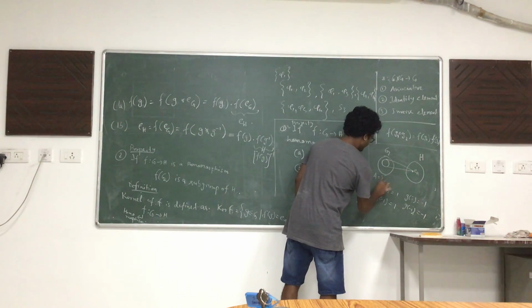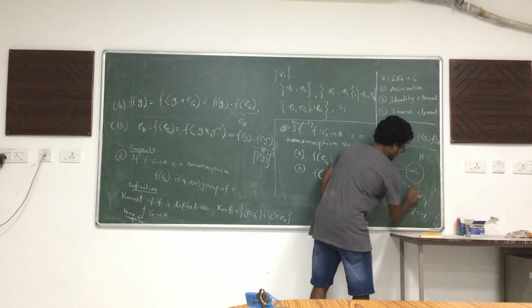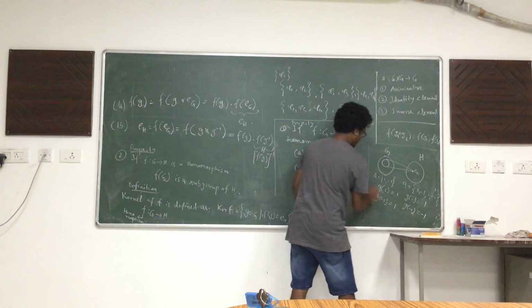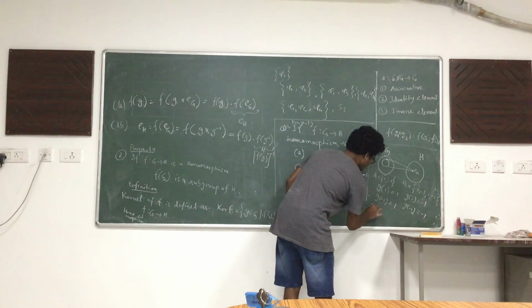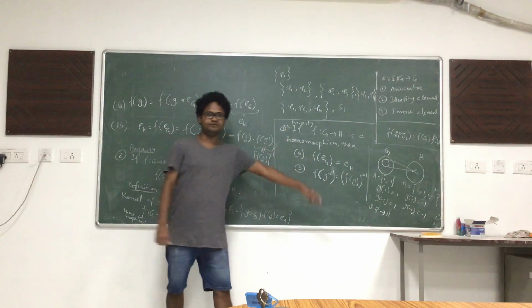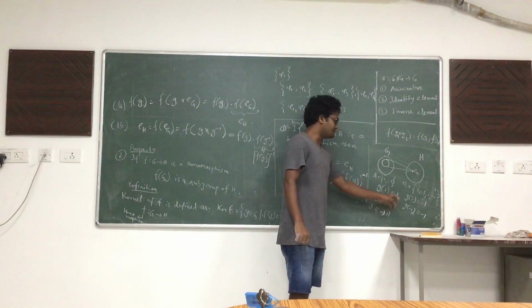In the last example we defined a function from B to A, which is a homomorphism. In this case, the kernel is basically 1, minus 1.